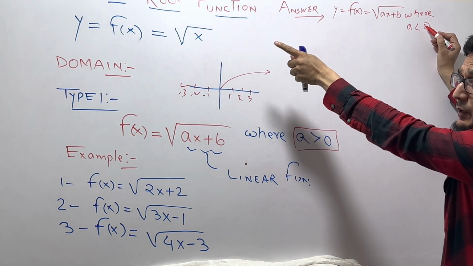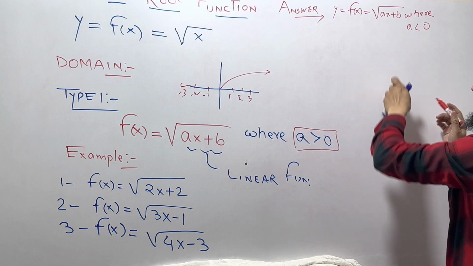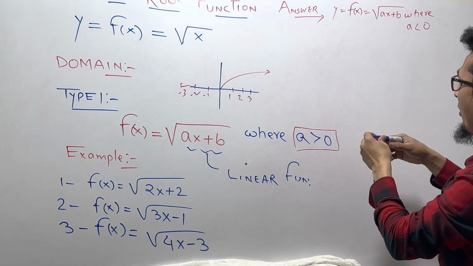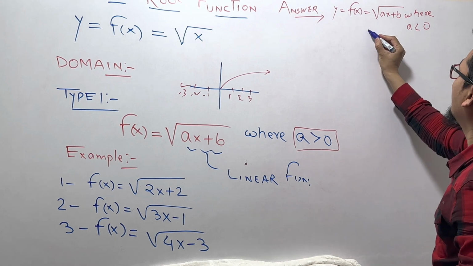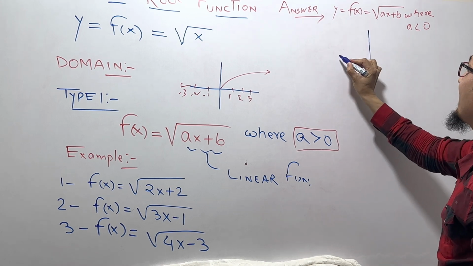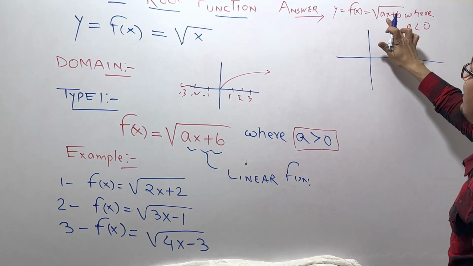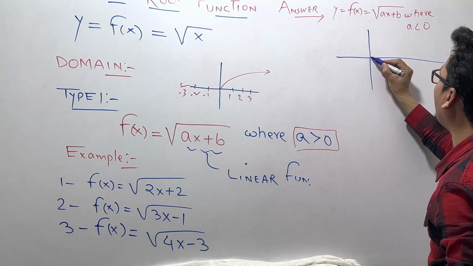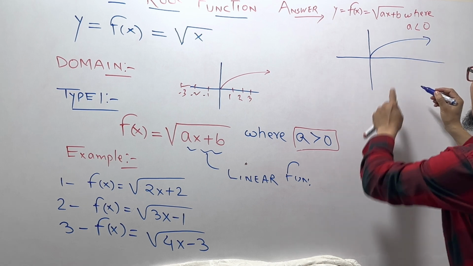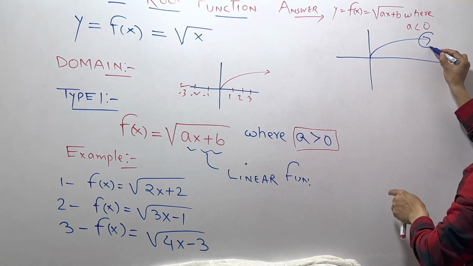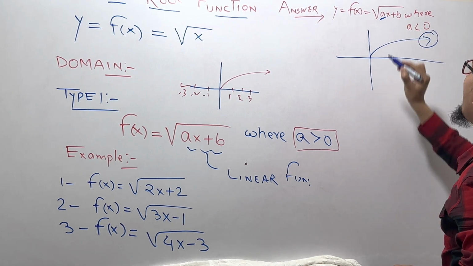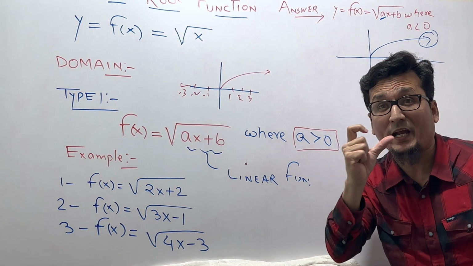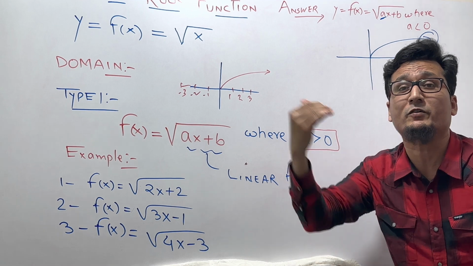As I told you, this is type 1. So you can say the graph always starts, I'm not going to tell you the exact graph, okay? Whenever you have a greater than 0, the direction is always this side. Whenever you see a is positive, the graph will go this side. I'm not going to make the exact graph here, I'm telling you where my curve is going.